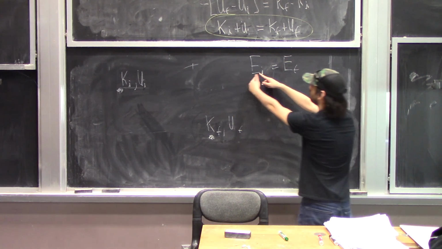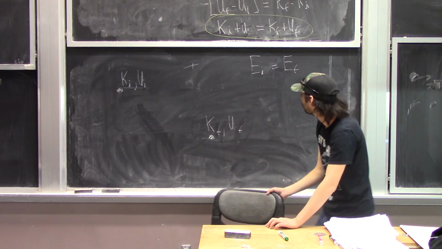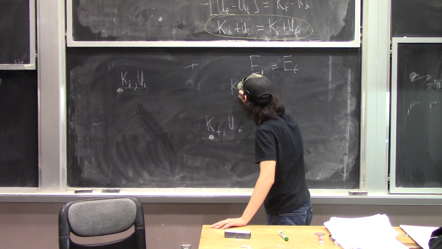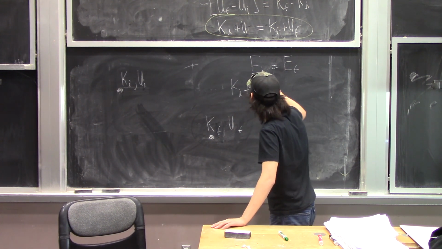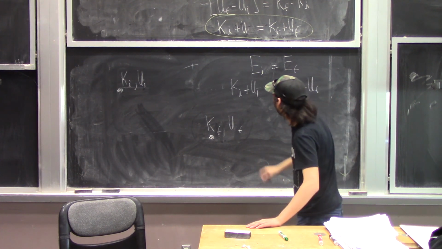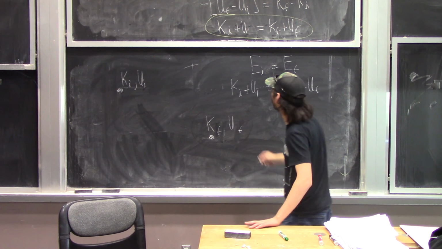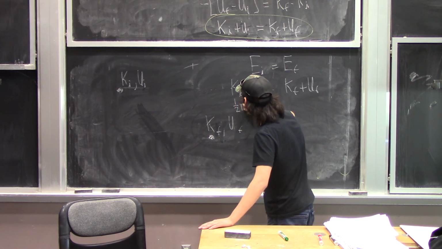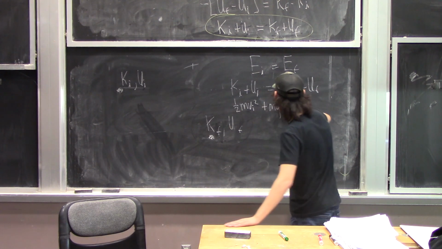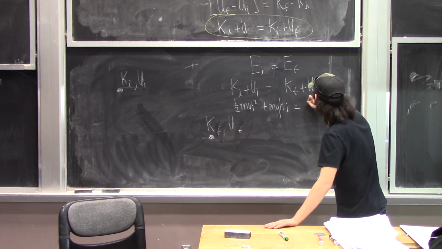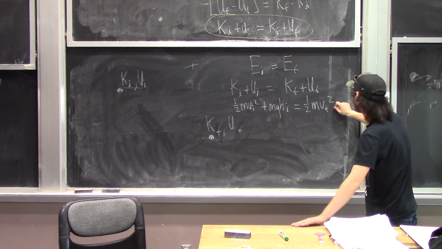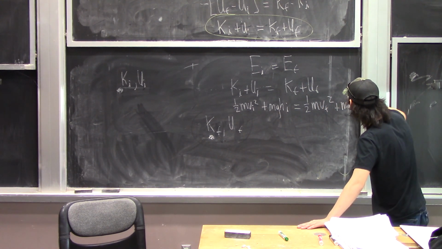And so we can write the energy in each state and equate them. So this is going to be our Ki plus Ui is equal to Kf plus Uf. And then expand these out. So this is going to be 1/2 m vi squared plus m g hi is equal to 1/2 m vf squared plus m g hf.